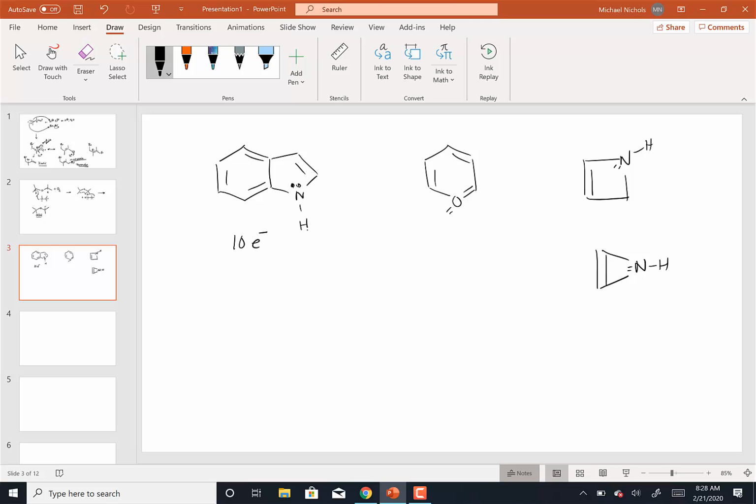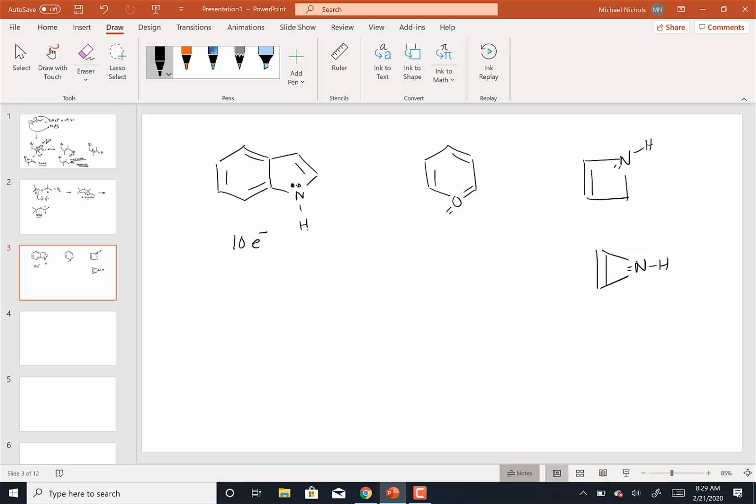Is 10 allowed under Huckel's rule? Yes. So that nitrogen is going to become sp2, and it is going to take its lone pair and throw it into the pi system to make the molecule really stable and make it aromatic. So in this case, that molecule would be aromatic.